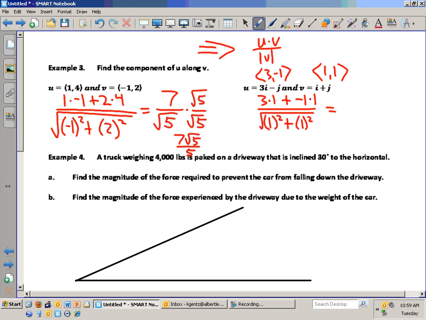On top we get 3 plus negative 1, which is 2, divided by the square root of 2. Multiply top and bottom by square root of 2. You get 2 square roots of 2 over 2. The 2's cancel. Square root of 2 is your answer.